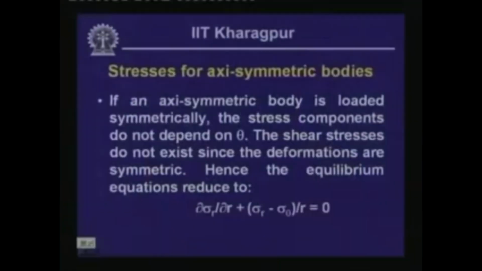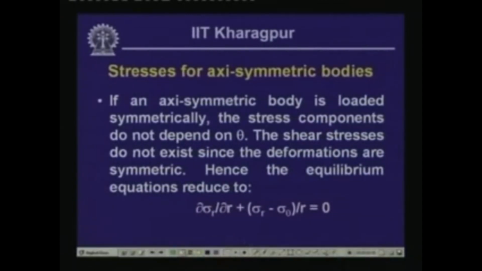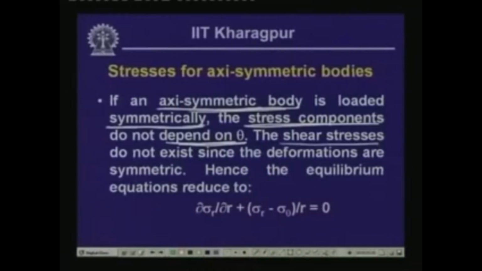This is important: if axisymmetric bodies are loaded symmetrically, then the stress components do not depend on theta, and at any longitudinal section the shear stress components are absent, because we have symmetric deformation.